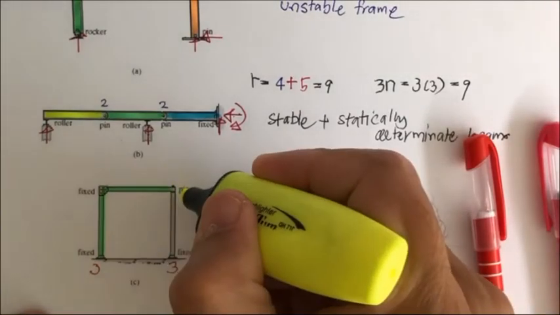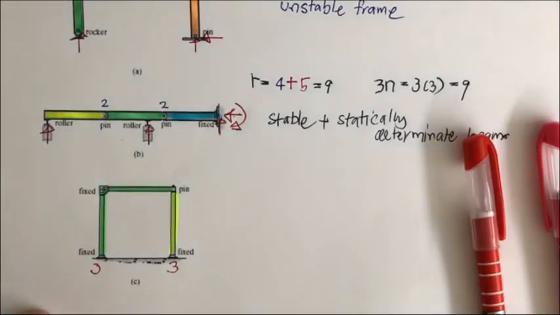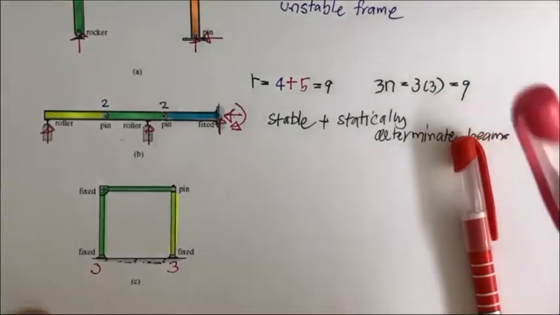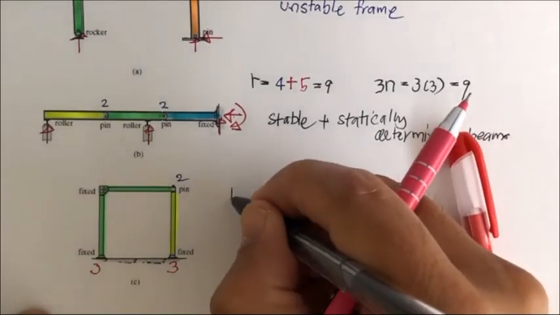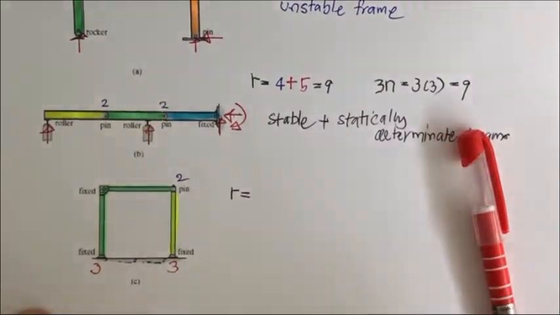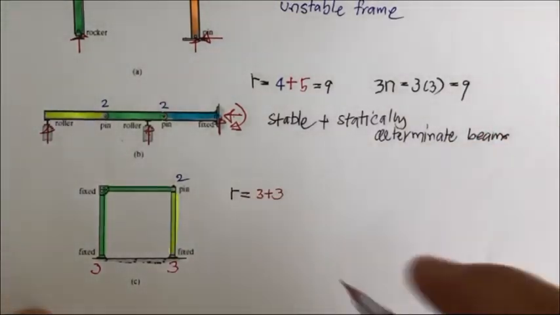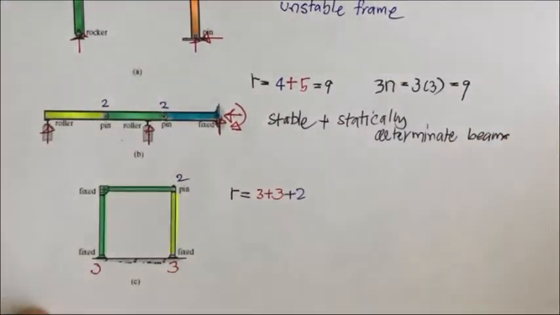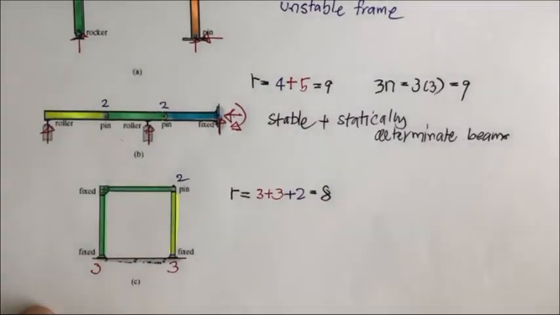And since it's connected by the pin here, we have this like the second problem. And since this is a pin, this is going to produce 2 more unknowns. So R is going to be 3 plus 3 and then plus 2. The total is going to be 8 unknowns.